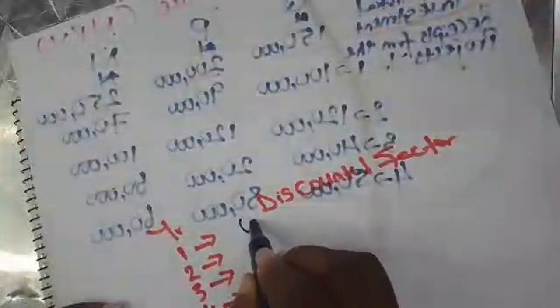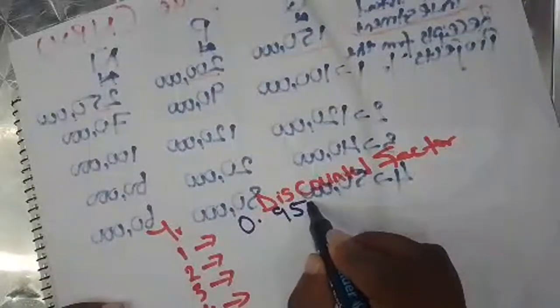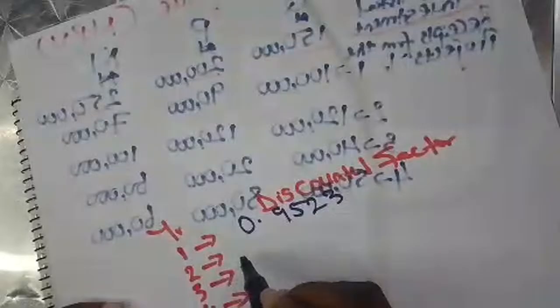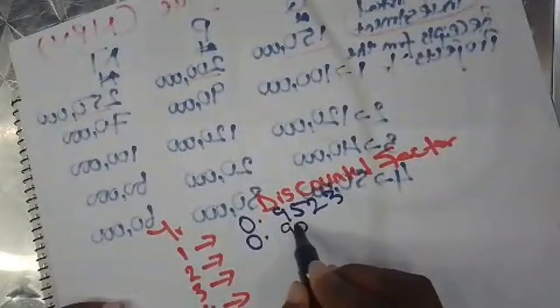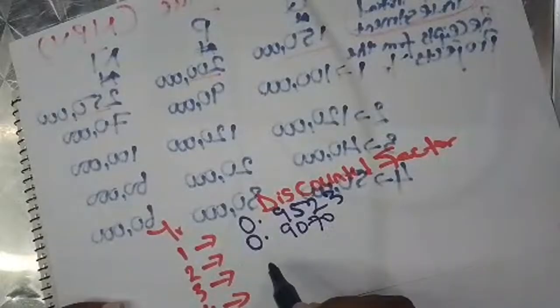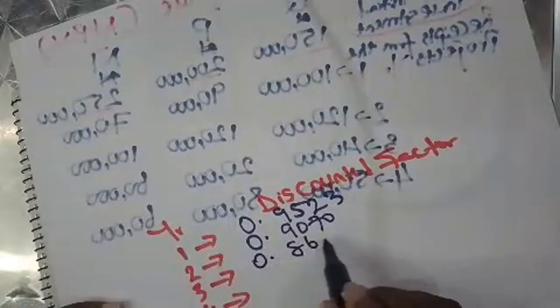Which is A1, 0.9523, A2, 0.9070, A3, 0.8638, and A4, 0.8227.